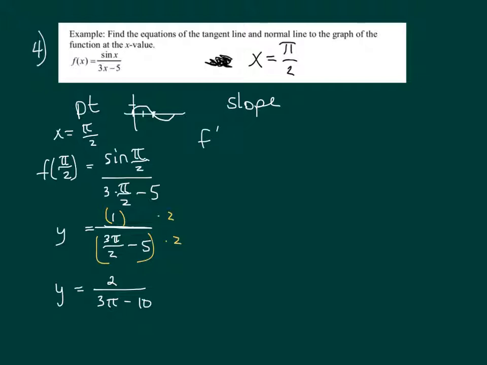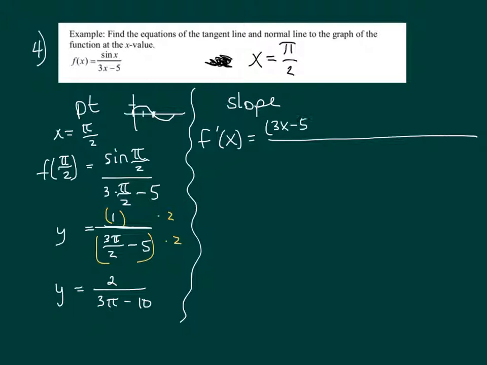So to do the quotient rule, f prime of x equals low, which is 3x minus 5, d high, the derivative of sine is cosine, minus high, sine x, d low, which would just be times 3, all over low squared. Be careful with that low squared. A lot of times last year students would just forget the low squared. So don't forget, you're going to get a quotient.